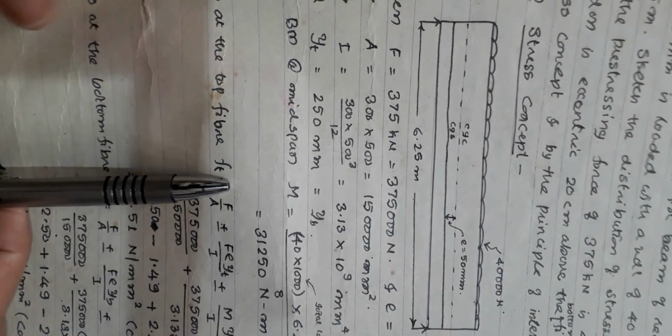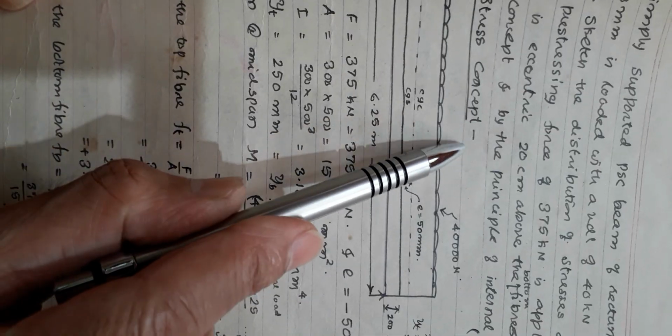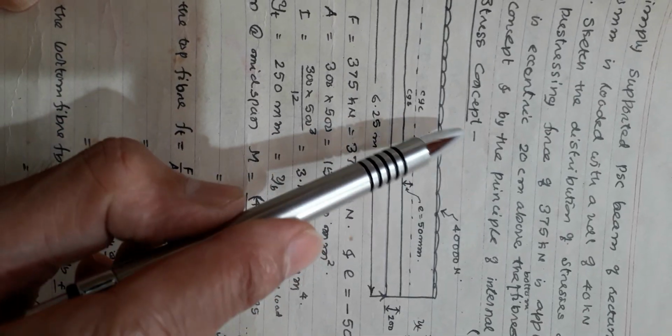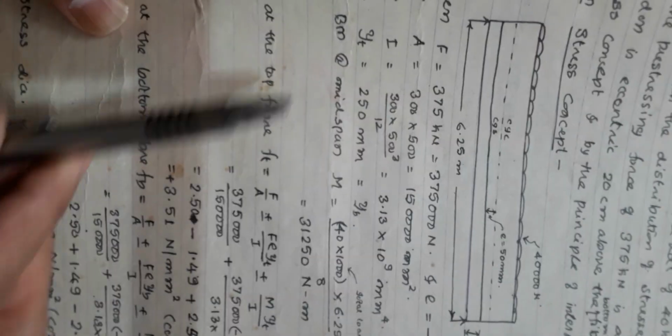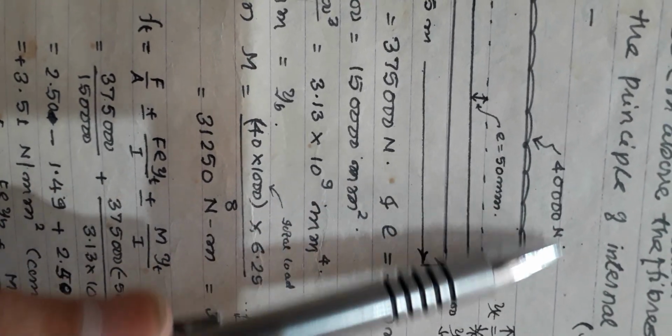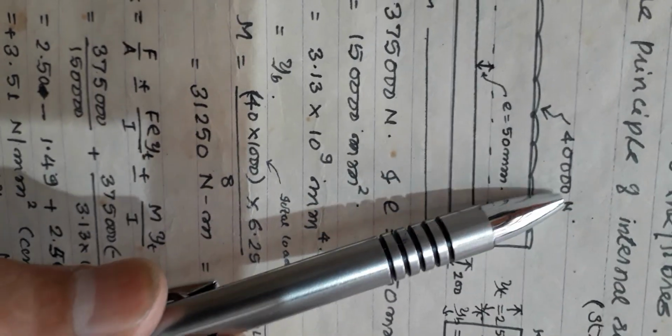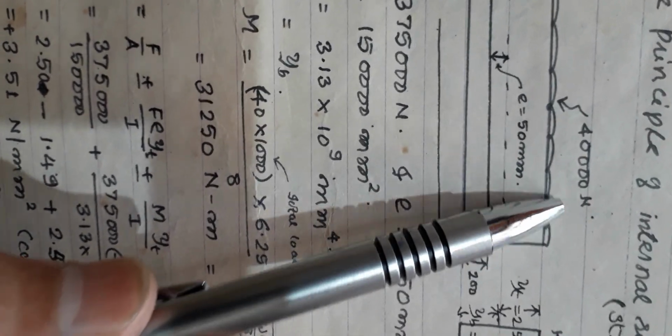Now we will calculate the bending moment at the midspan section, because he has asked you to calculate the stresses at the midspan. So I will calculate the bending moment M. He has given you 40,000 newton as the total load. It is not the UDL per meter, it is the total UDL.